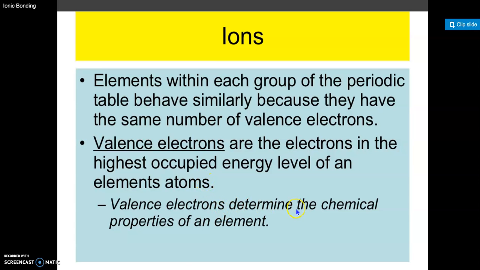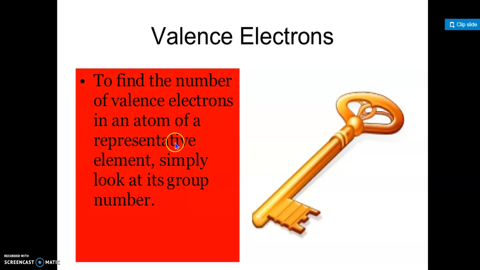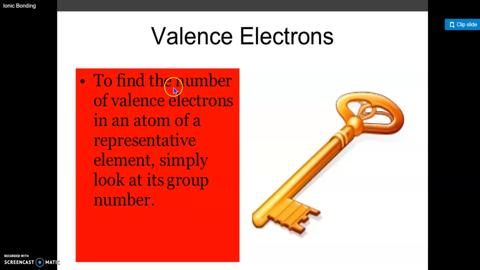Valence electrons determine the chemical properties of elements. Now we see how to find the number of valence shell electrons. To find the number of valence electrons in an atom of a representative element, simply look at its group number. The group number is equal to the number of valence shell electrons.